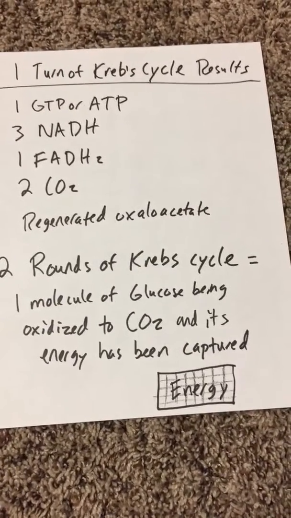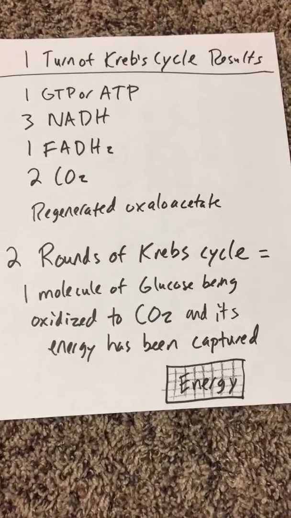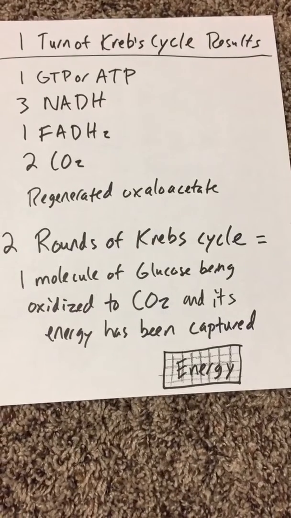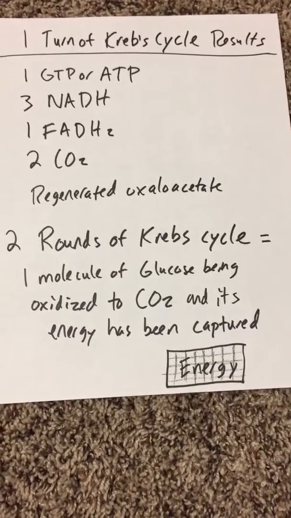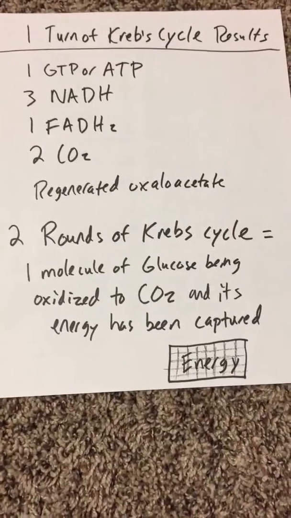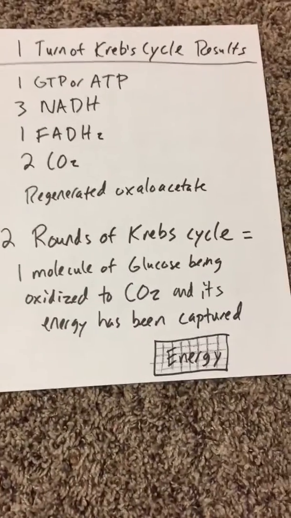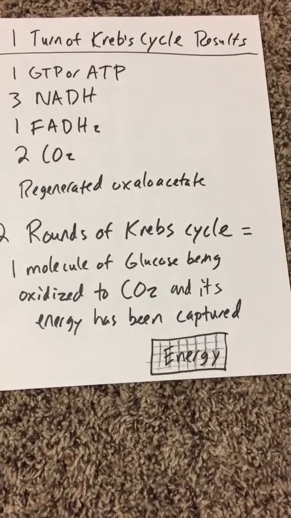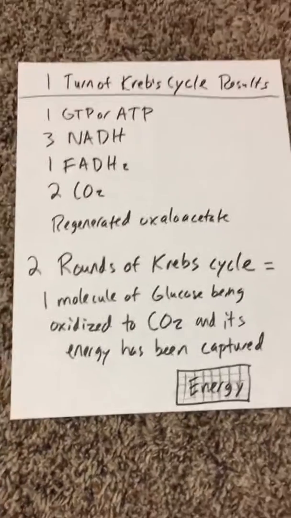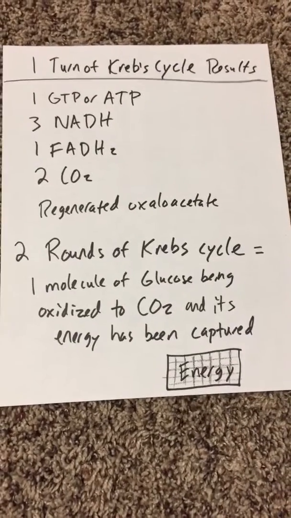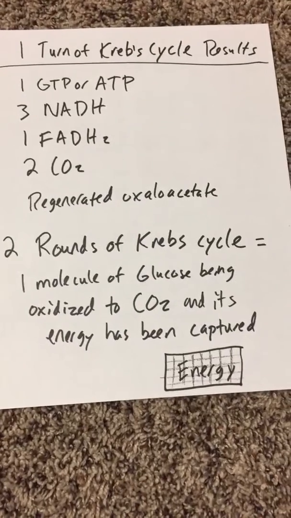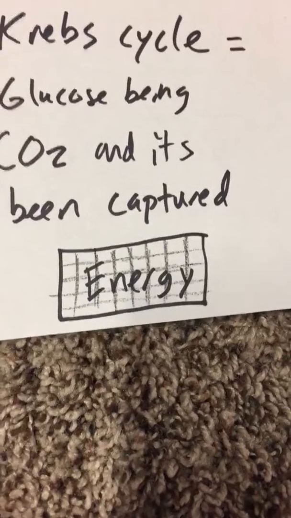We have 1 FADH2, 2 CO2, which are lost, and we have the regenerated oxaloacetate. So the cycle can start all over again. Now after 2 rounds of the Krebs cycle, the 1 molecule of glucose, which we started with in the glycolysis reaction, has been oxidized completely to CO2, and its energy has been captured. As you can see, this energy is captured.